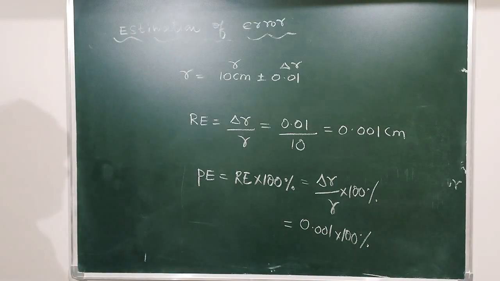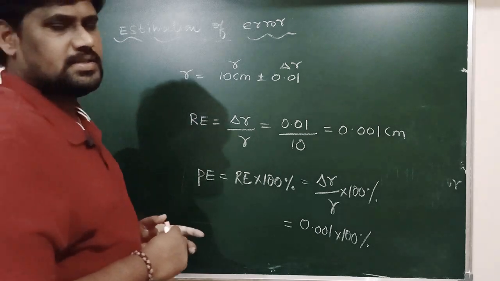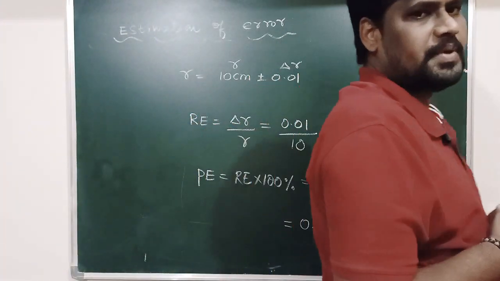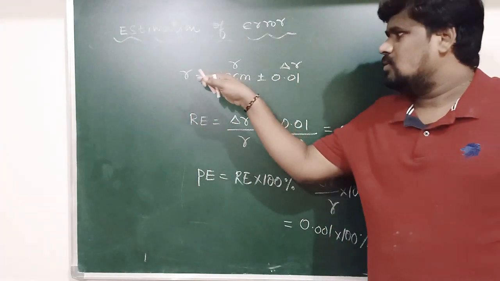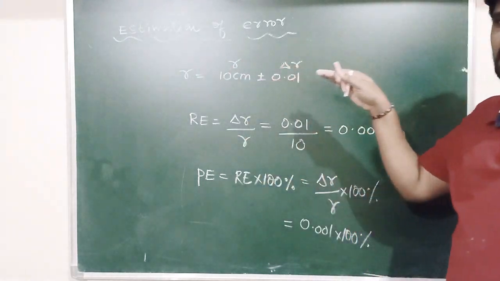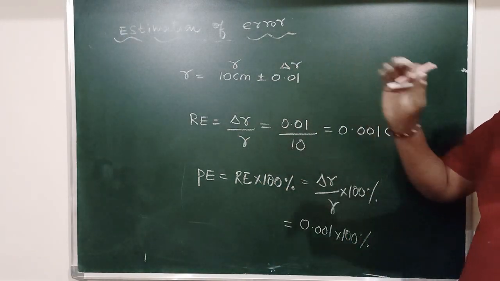So our answer will be 0.1%. What is 0.1%? It is the error in the measurement of the radius.